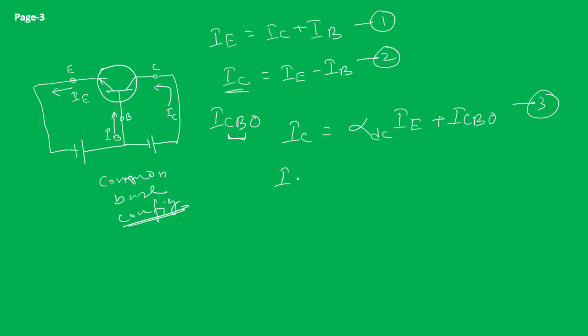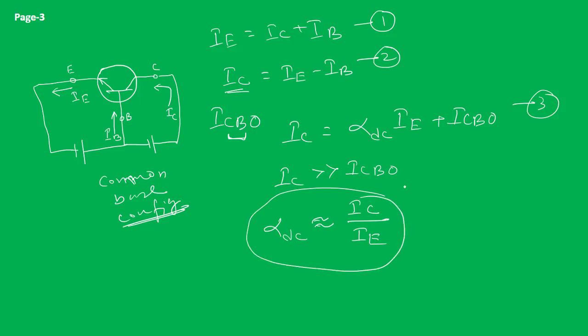And if IC is much greater than ICBO, then we can say that alpha DC is almost equivalent to IC by IE. This is what we call the common base current gain.